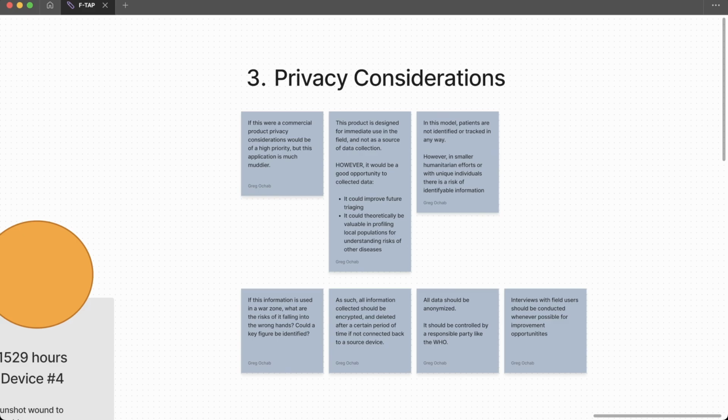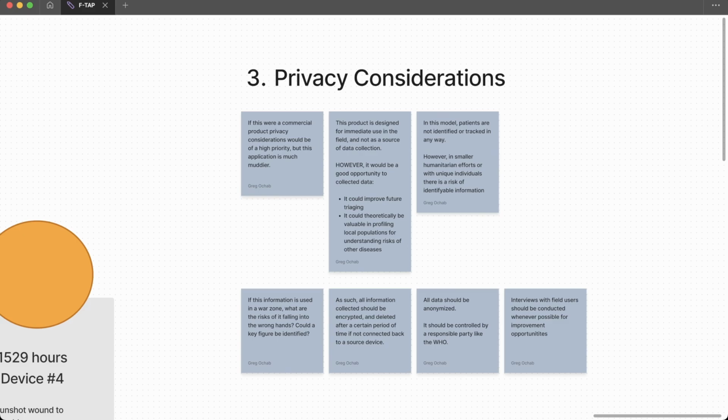This data might not exist yet, and so collecting this could help with addressing other humanitarian efforts in the future, but it should be encrypted. It should only be shared with the necessary people. So I would picture this being shared with the developers and then potentially an organization like the WHO who could organize the information and release it in a responsible way.